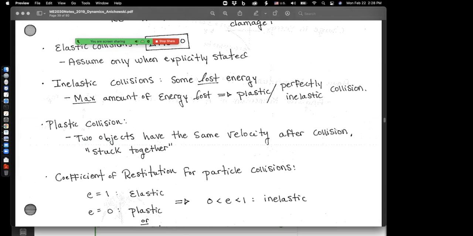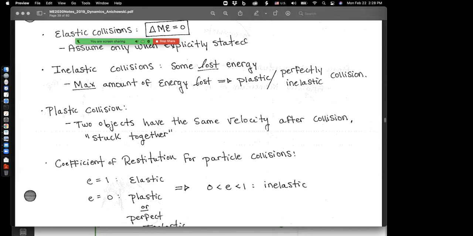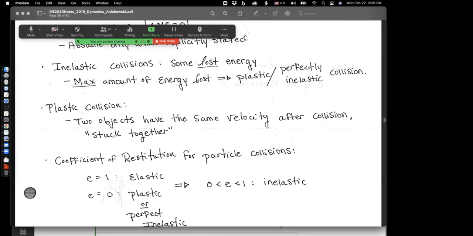Elastic collision, E equals 1. Perfectly inelastic or plastic is E equal to 0. Regular inelastic is between 0 and 1, where there is some loss of energy, but not as much as possible. No loss of energy, some loss of energy, and E equal to 0, as much energy loss as one could possibly have. Any questions?